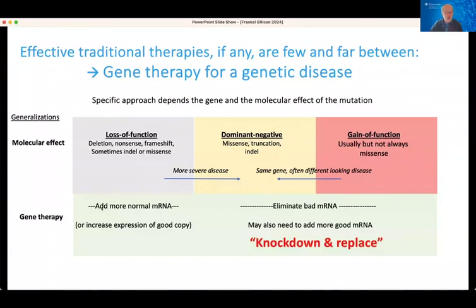As you heard, for loss of function, you want to replace or add more normal RNA or increase expression of the good copy. For gain of function and dominant negative, ideally you want to eliminate the bad RNA or change the gene itself, like Amy just discussed, the editing. But even when you eliminate the bad RNA, you may also need to add more good RNA. And this is effectively what one means by knockdown and replace.